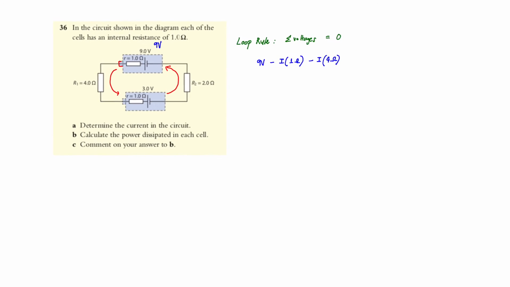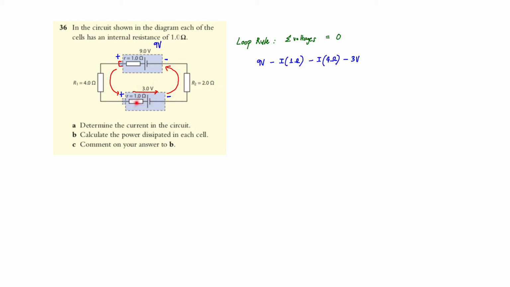Next, if you look at the battery, this one is 3 volts. However, this is the positive side and this is the negative side, so we are flowing in the reverse direction of positive to negative. That is why instead of putting plus 3 volts, you're going to have minus 3 volts. Simply because we traverse the battery from positive to negative, which is in reverse on this side.